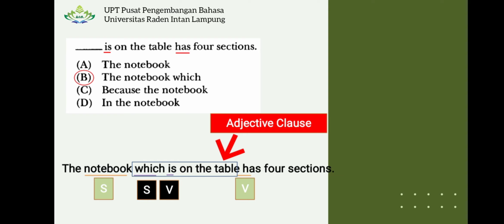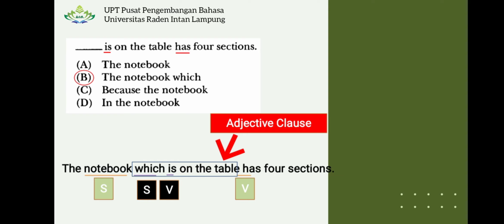It can be seen that we don't have any subject since before that incomplete sentence, there is a blank space. Then it might be put there. If we identify the verb, we have is and also has there. It already shows that there will be 2 clauses because we have 2 verbs in that sentence.